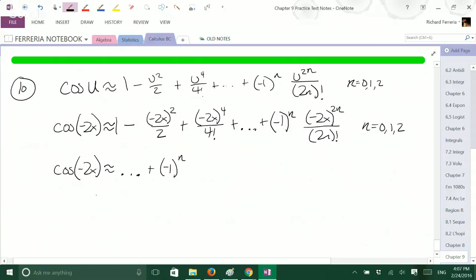Negative 2 to the 2n is equal to negative 2 squared to the n power, right? That's 4 to the n, on top of 2n factorial. And then we get x to the 2n.